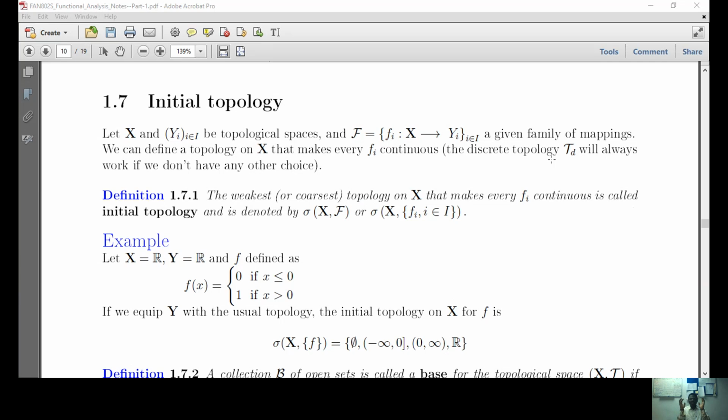The trivial is just the topology consisting of two sets, the empty set and the underlying set, let's say X. We are defining a topology on X. So that is the trivial.